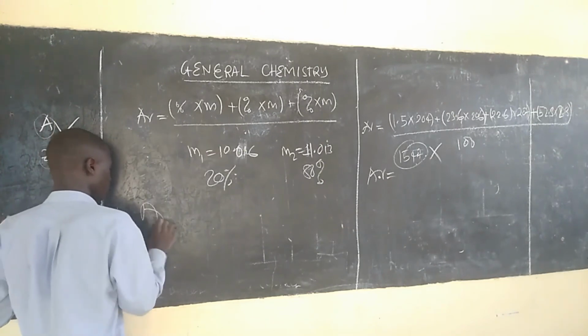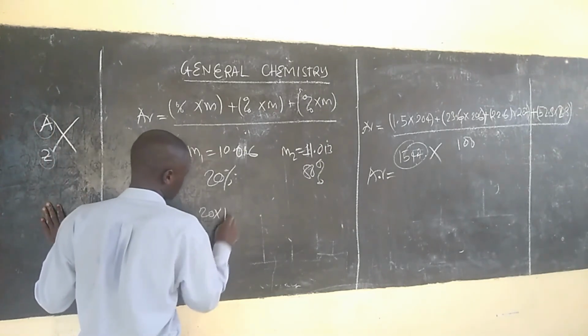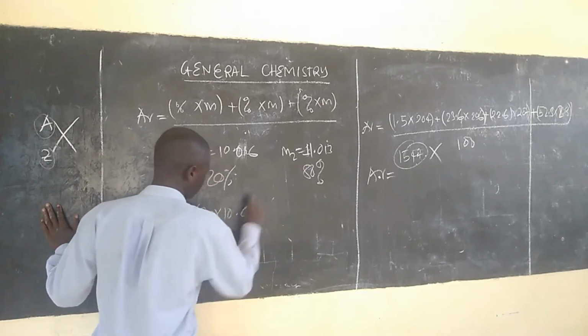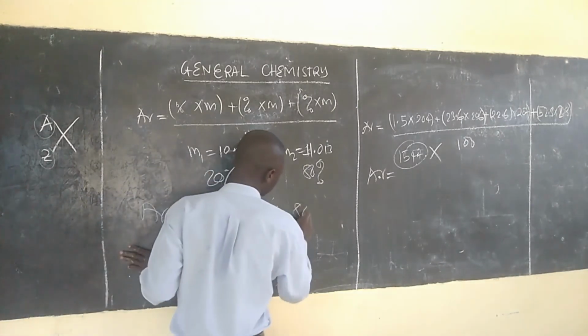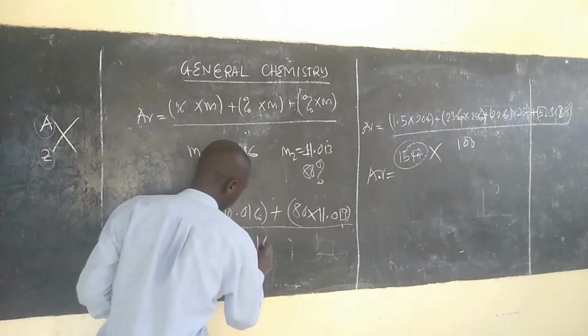Okay, simply average atomic mass itakuwa ni 20 times 10.016 plus 8 times 11.013 divided by 100.